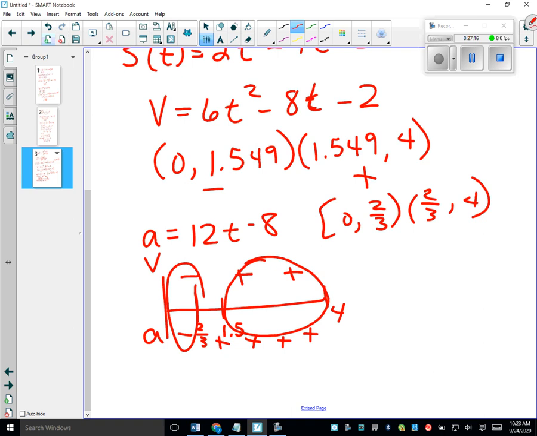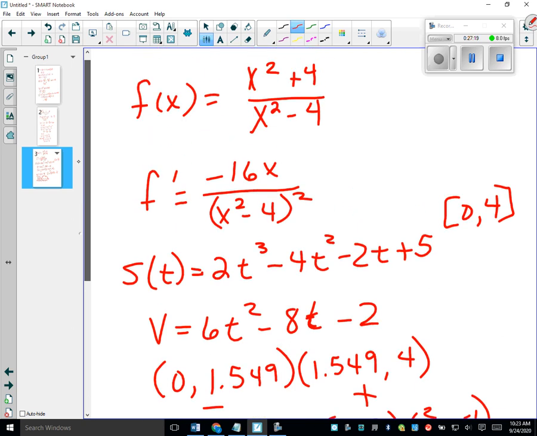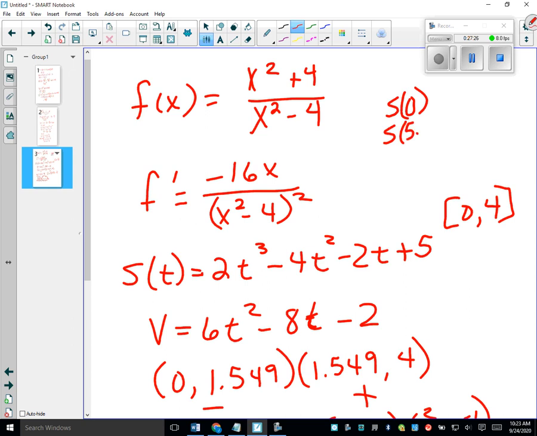Don't I want s sub 0, s sub 1.549, and s sub 4? And here's s. You all have a calculator. Somebody give me the values. S sub 0 is easy. It's 5.